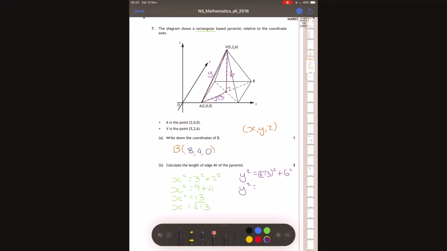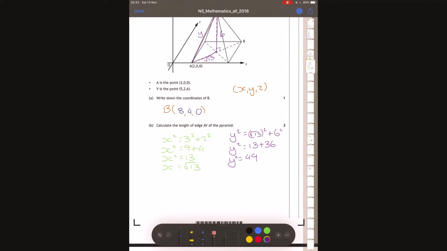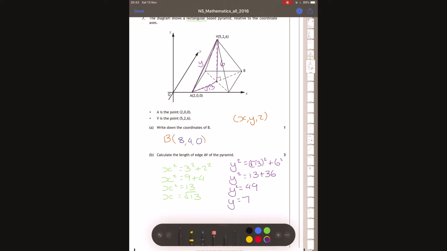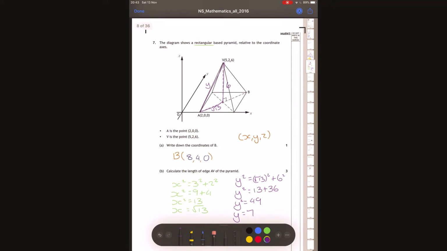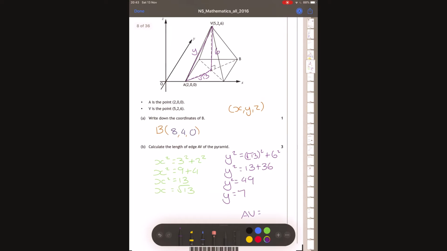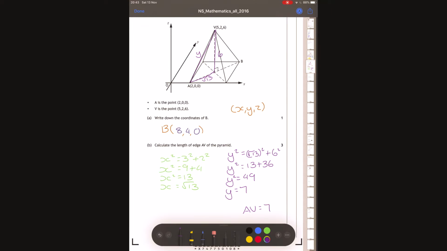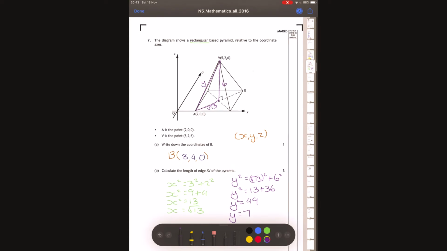Root 13 times root 13 is 13, plus 36. y squared is equal to 49. Now this is looking good because 49 is a square number. y is equal to 7, because I'm taking the square root of 49. So y is AV. So then we can state that AV is equal to 7. We don't have any unit, so we're just going to say 7, or you could say 7 units.